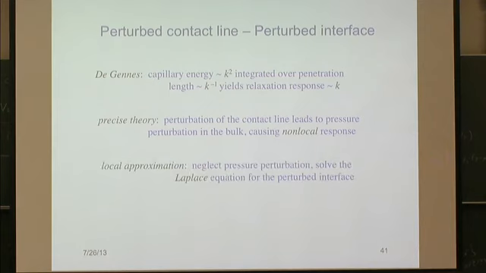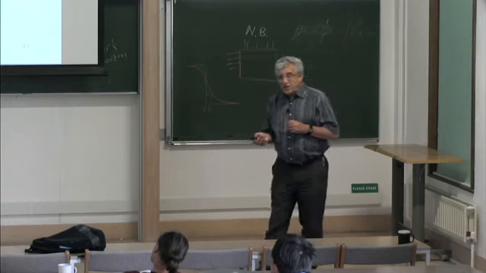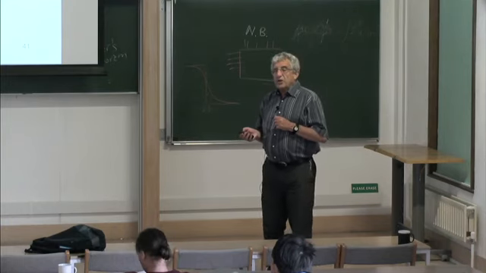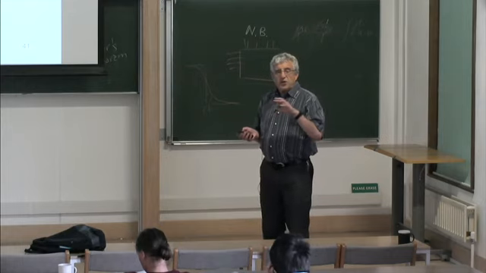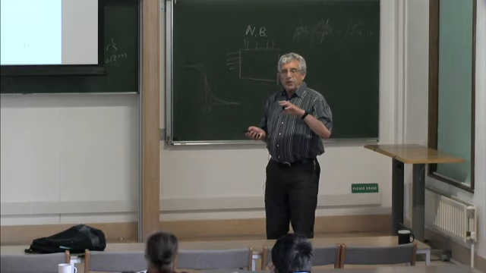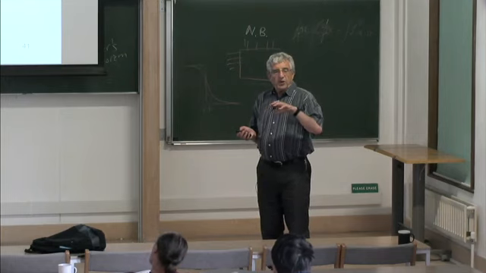But if we neglect this pressure perturbation, then we can obtain de Gennes's result quantitatively, because in the same lubrication approximation, and without external forces, the shape of the droplet is determined only by surface tension.